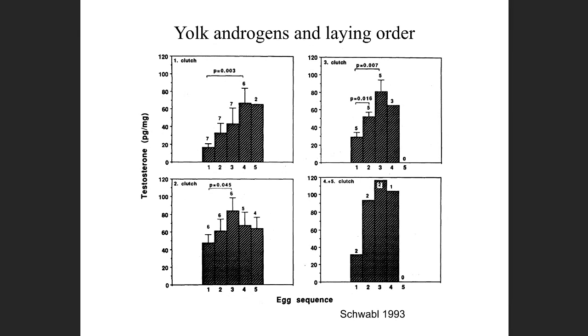So this was something that Schwabl described first in, I'm pretty sure this example is looking at zebra finches. And the pattern was that later eggs, so you can see here on the x-axis, we have egg sequence. So it's always going from first to last.